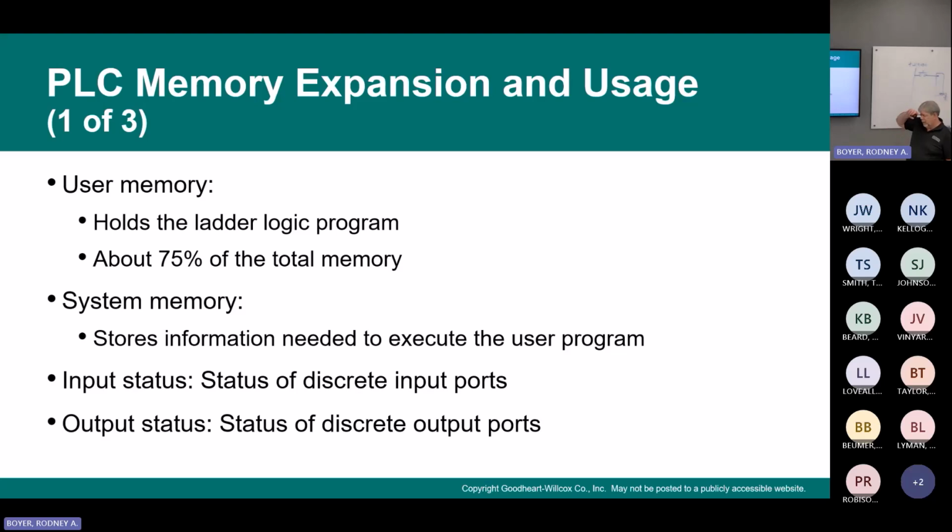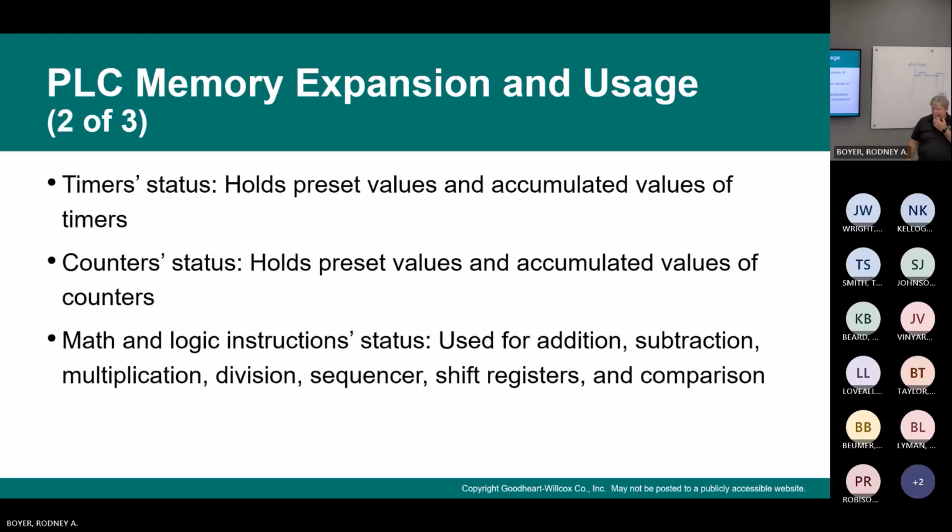User memory holds a ladder program, about 75% of the total memory. System memory stores the information needed to execute the user program. And then you have the input and output status. Here's the rest of it: timers, counters, math functions, logic functions.